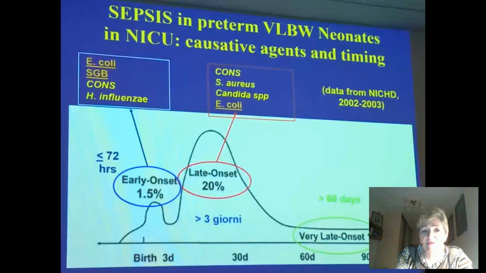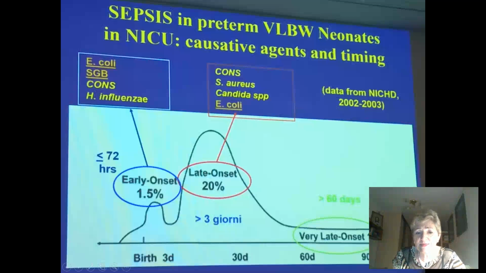Next, in this slide, we can see etiologic agents in different kinds of sepsis. For example, in early onset sepsis, appearing in less than 72 hours, the main etiologic agents include Escherichia coli, group B streptococcus, coagulase-negative staphylococcus, and Haemophilus influenzae.